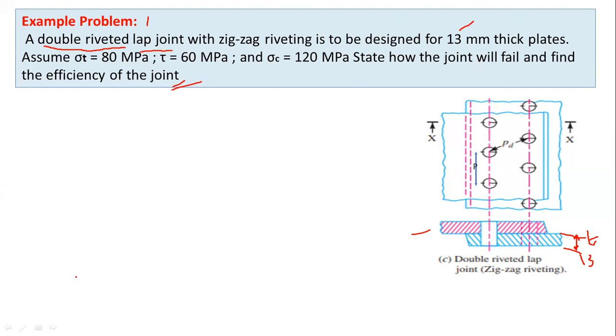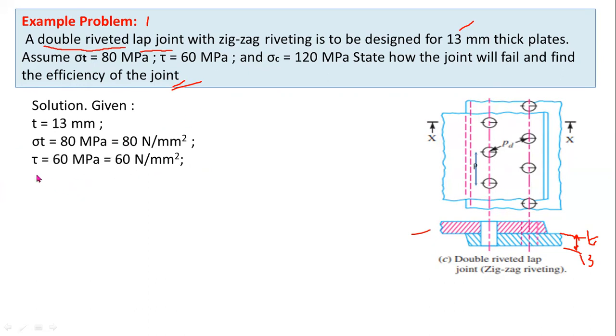In this question, first you have to identify the given data. Here, the thickness of the plate t equal to 13 mm, and sigma T is the tensile stress induced in the plate material. Sigma T equal to 80 megapascal. 1 megapascal equal to 1 Newton per mm square.